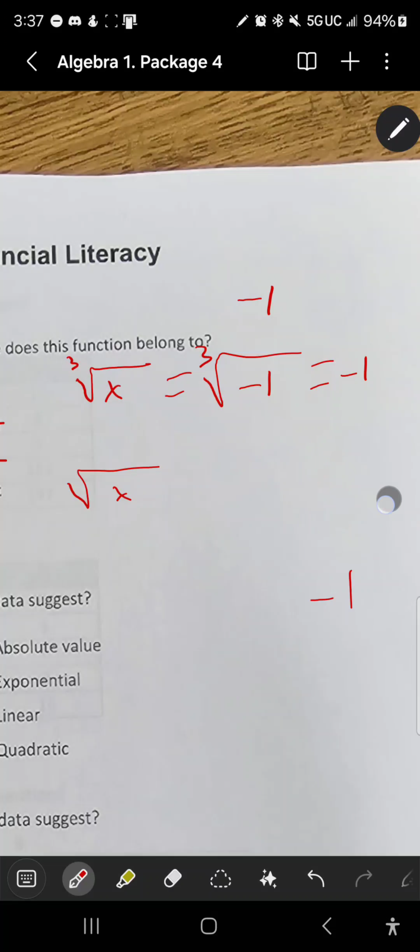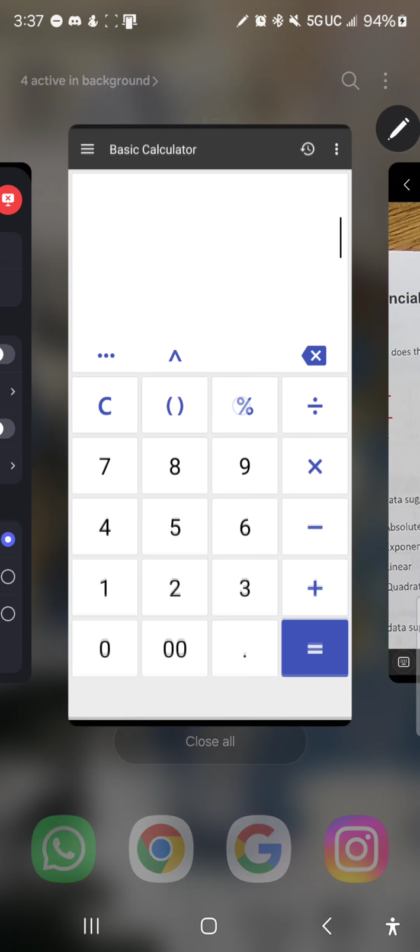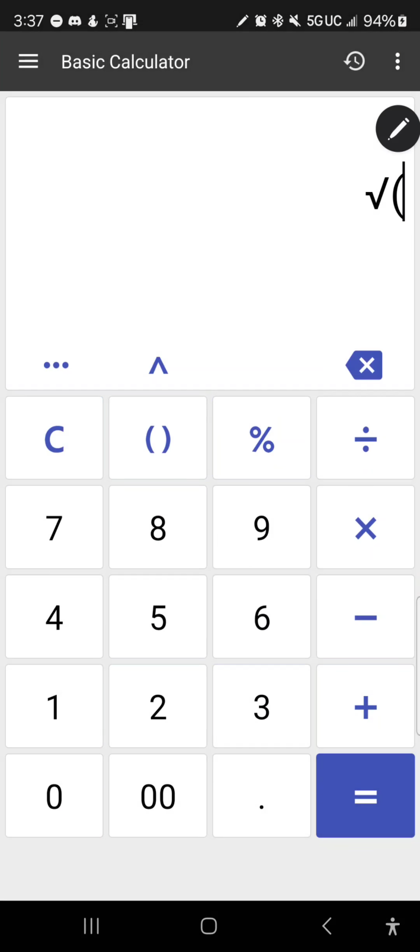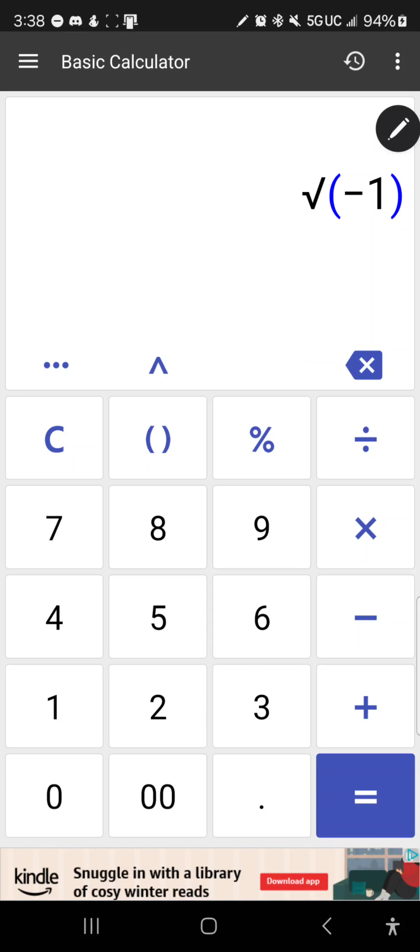So it has a number, but if we do the square root of -1, we cannot do this, because we don't have two numbers that multiply to give a negative number unless they have different signs, and a square root is for a number with the same sign. Also, if you put the square root of -1 in your calculator, it says the expression is incorrect, there is an error, or undefined result.